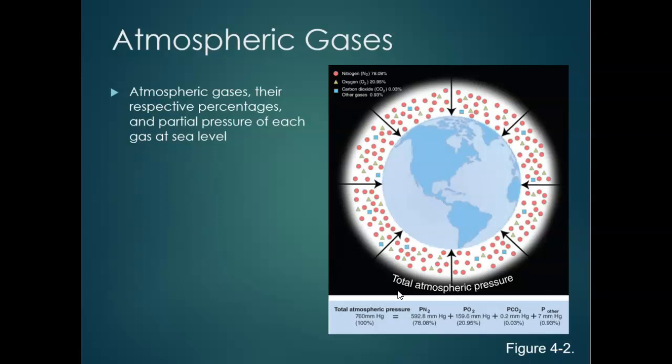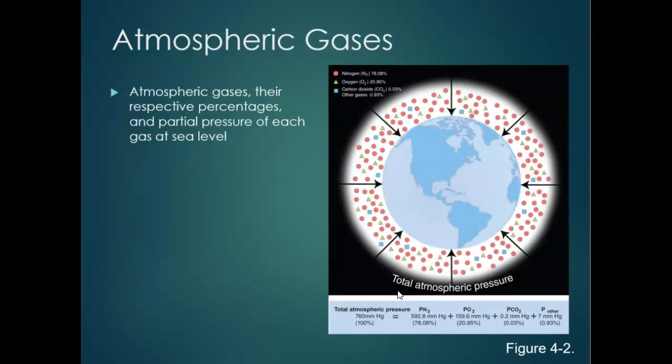So at sea level, the barometric pressure is 760, so 78% of 760 is about 592.8.